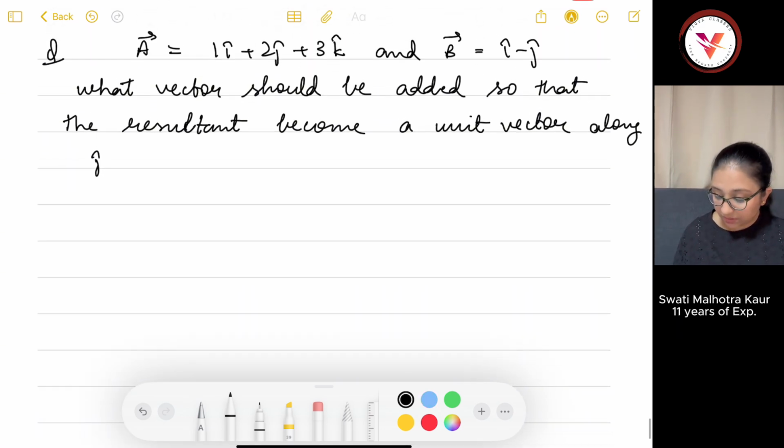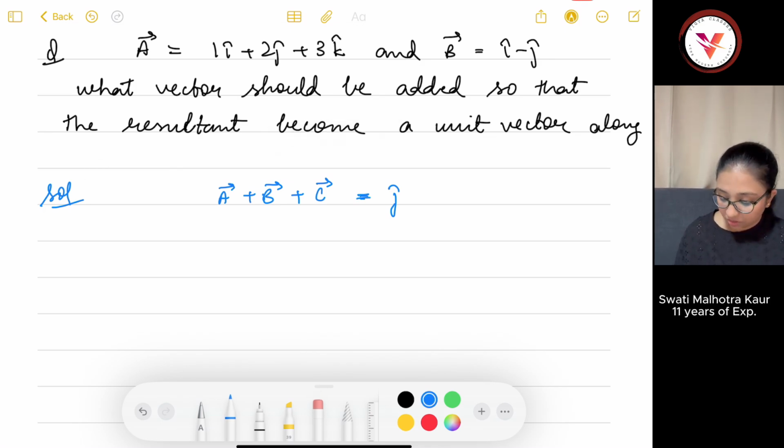Okay, so basically what you will do, your a vector plus b vector and some c vector which is unknown should be equal to your j cap. It's a unit vector which is along y axis, that is j cap.